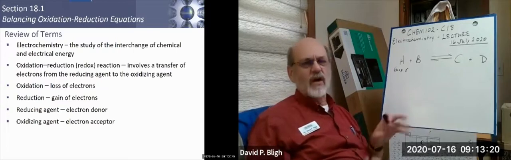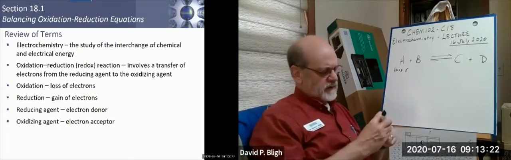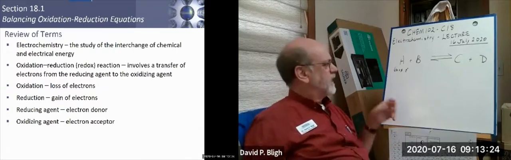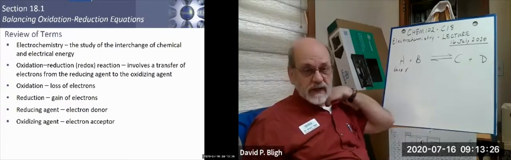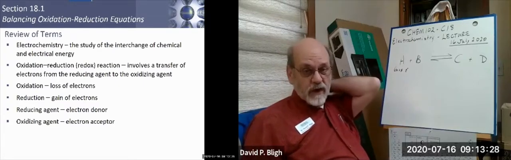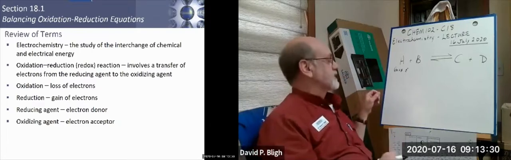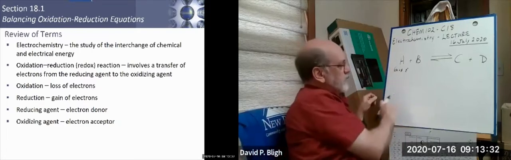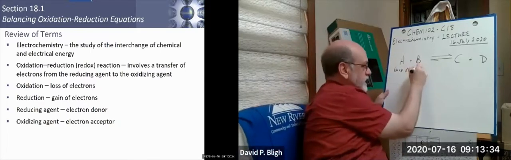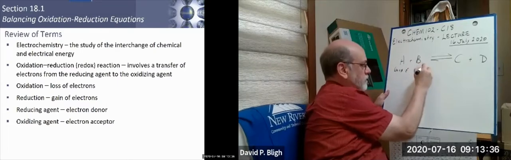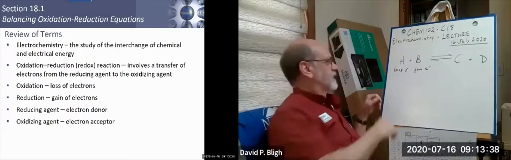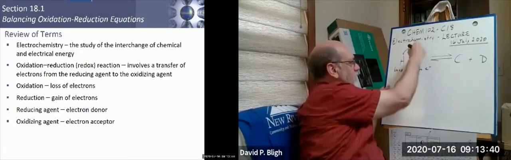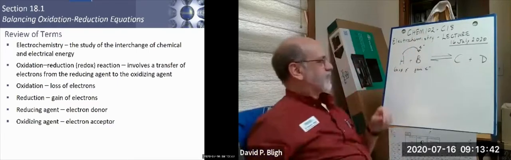Let's just say all are, because cases where you have unbalanced electrical charges in chemical reactions are so rare as to be non-existent. So if this one loses an electron, that one has to gain the electron. So we would transfer an electron over here like that. Okay?